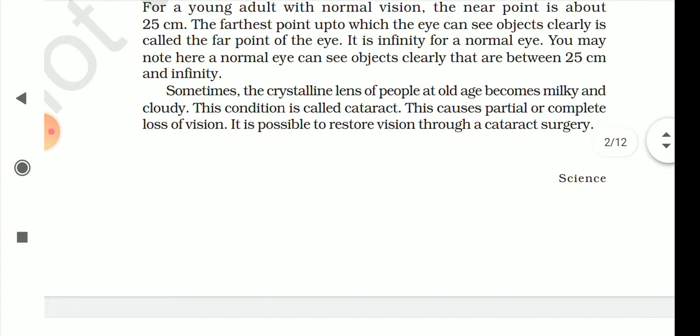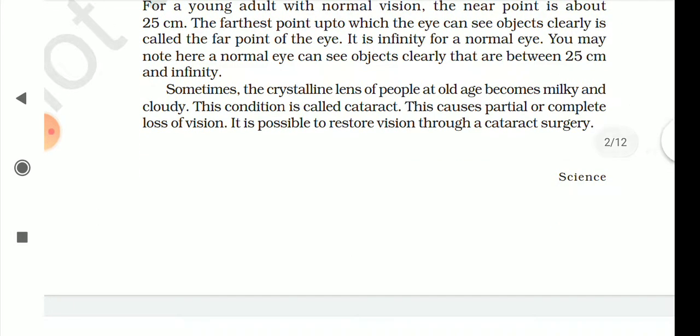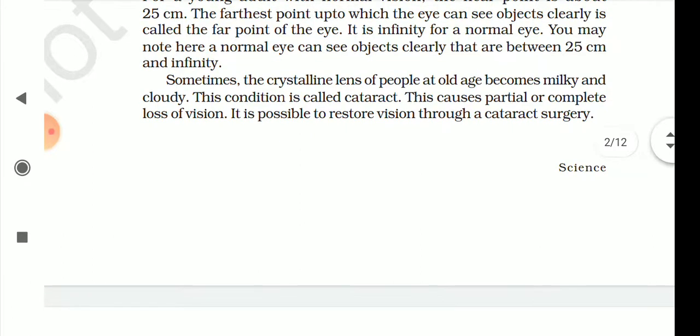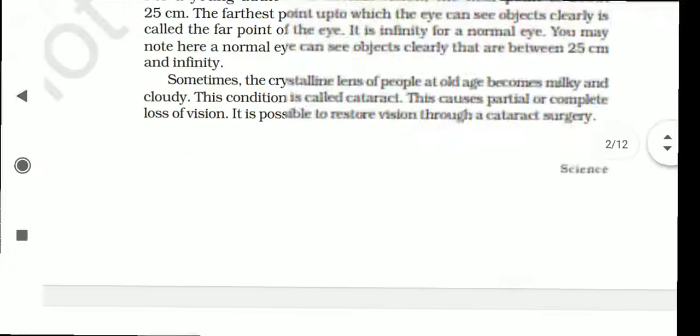Sometimes the crystalline lens of people at old age becomes milky and cloudy. This condition is known as cataract. Students, we have seen in our homes that old age people, say our grandfathers or grandmothers, had an operation after which they wear black sunglasses. What happens during that time?